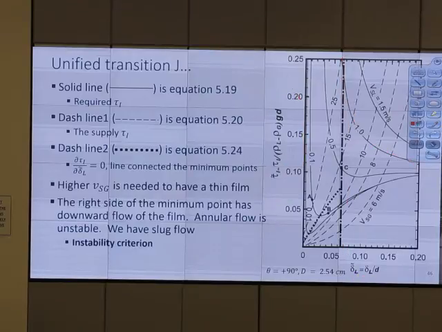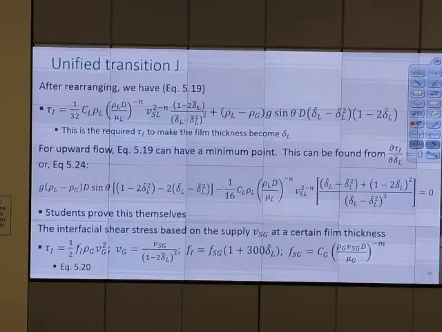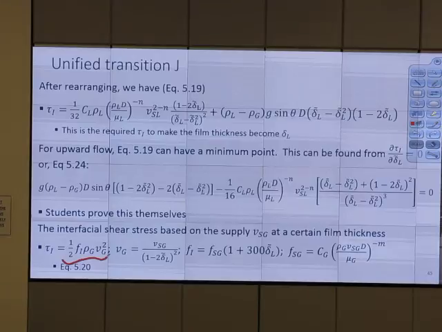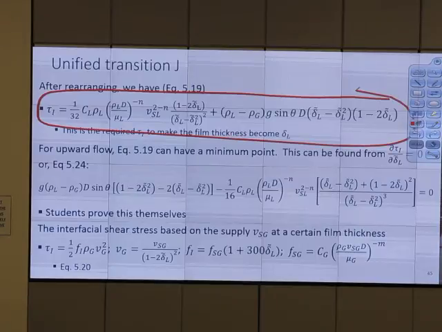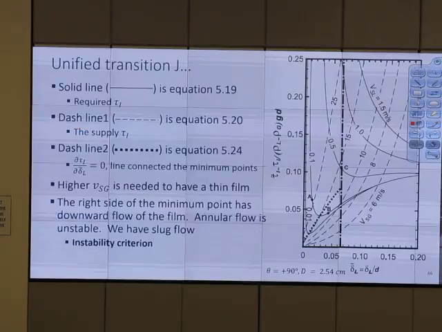So tau I is calculated from half f_i rho v sub g squared, right? That is tau I. This means if gas velocity is more, we have more interfacial shear stress. And we have tau I from the combined momentum equation already, and we look at the solution. Sometimes it has a minimum point.